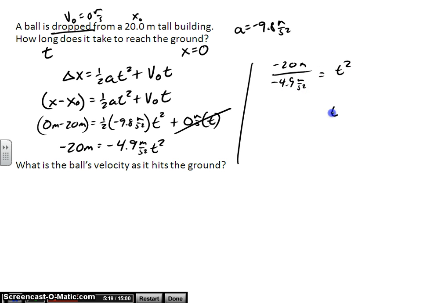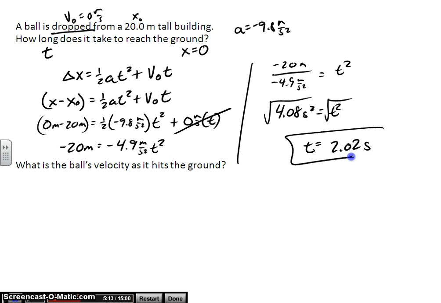So our t squared, when we punch that into the calculator, equals, negatives go away, meters go away, seconds flip, 4.08 seconds squared equals t squared. So root that, second square root, probably second answer in your calculator. You get a time of 2.02 seconds.